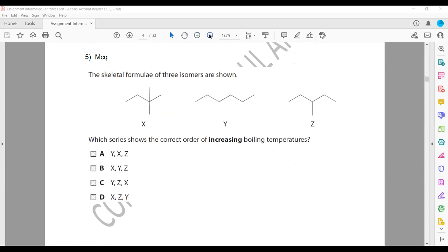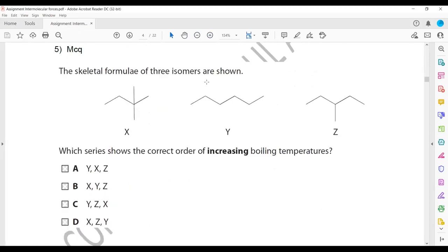Then question 5: the skeletal formulas of three isomers are shown. Which series shows correctly increasing boiling point? As we know, as the number of branches increases, the boiling point decreases. First we check the number of carbons: 1, 2, 3, 4, 5, 6. All have 6 carbon atoms.